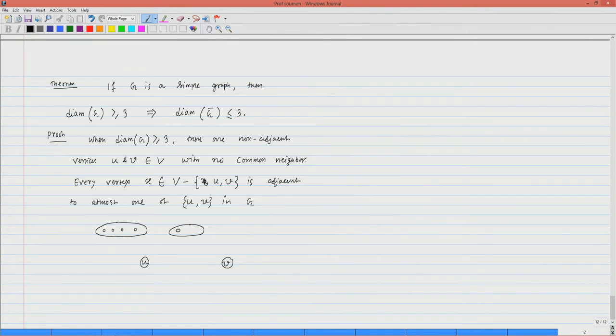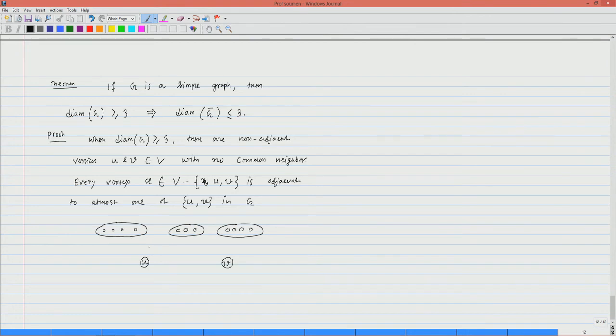There are some sets of vertices here, and these could be x. These are the vertices other than u and v. So, the statement says that every vertex x is adjacent to at most one of them.